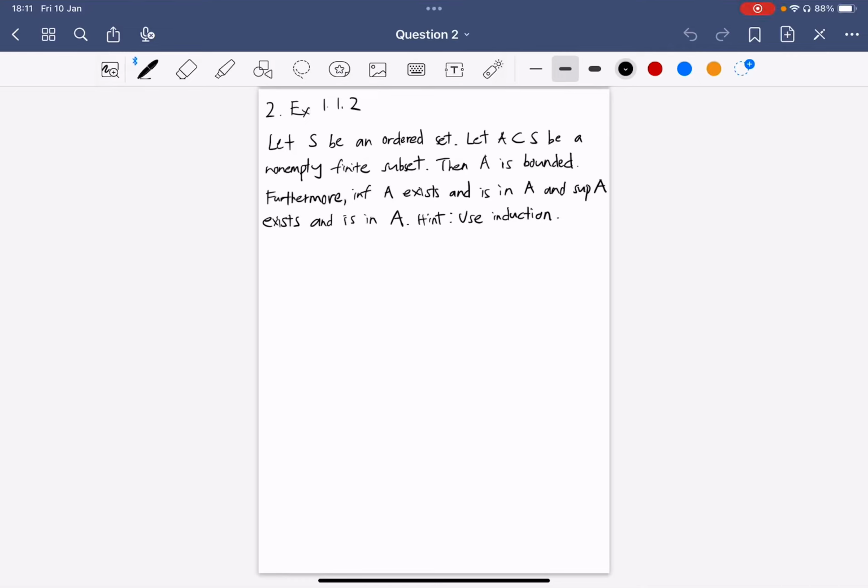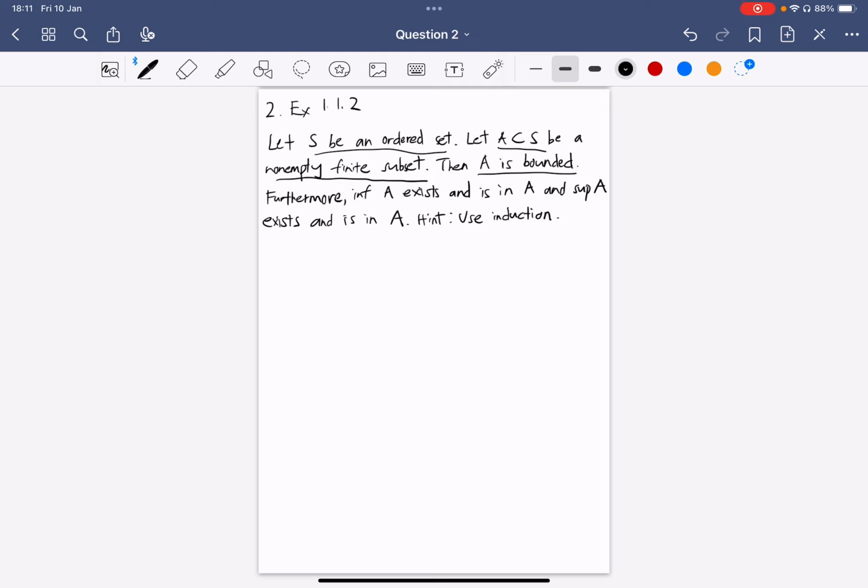Okay, so this is question 2 of assignment 2, and we were given A, which is a subset of S, an ordered set, and we know that A is non-empty and finite, and A is bounded.